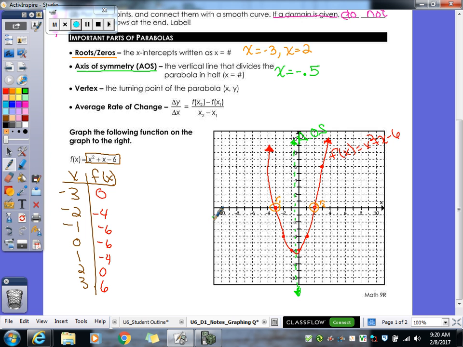Our vertex is also known as your turning point of your parabola. That's when the graph changes direction. So our vertex is right down here for this one. On this graph, our vertex is a minimum.